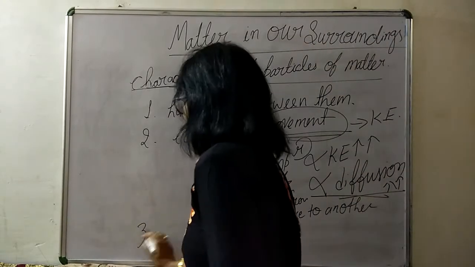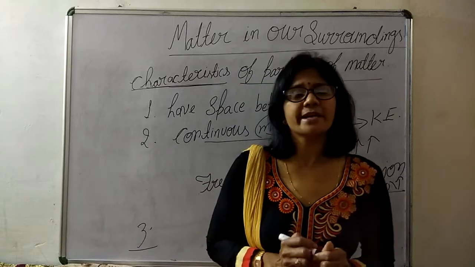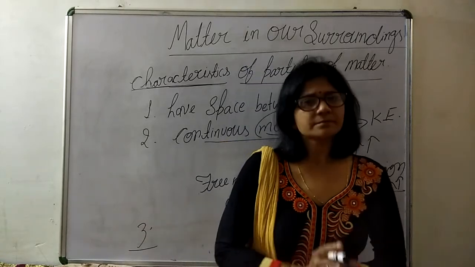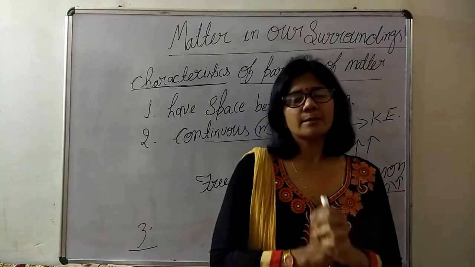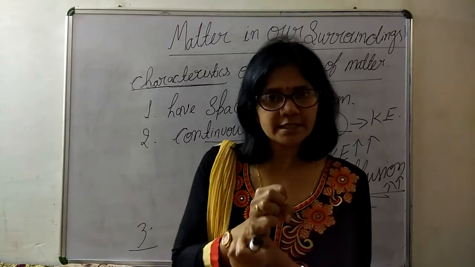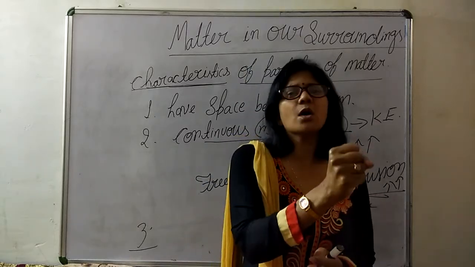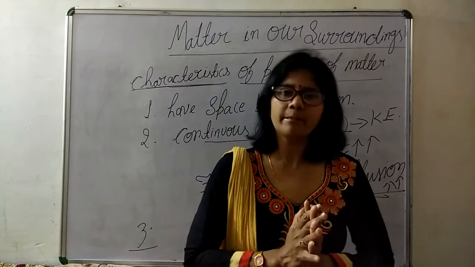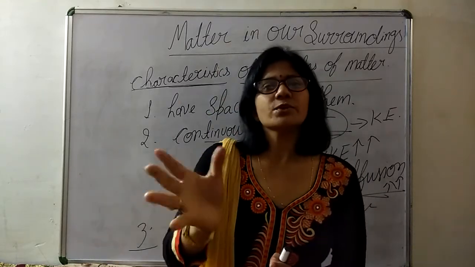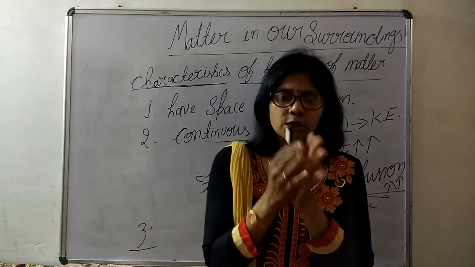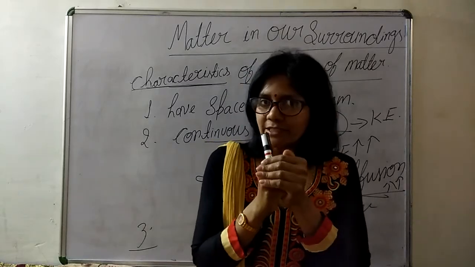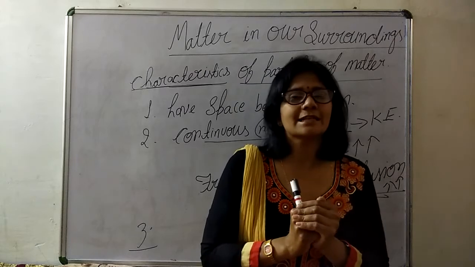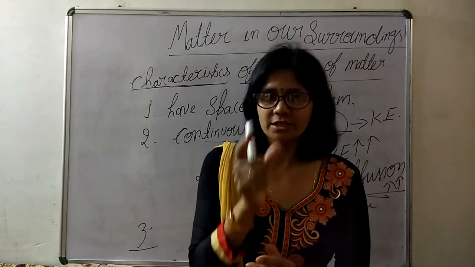Then let's see the third property of particles. Matter is made up of particles, which means the particles have some attraction that groups them together and makes the matter. They are grouped together, which means they attract each other.